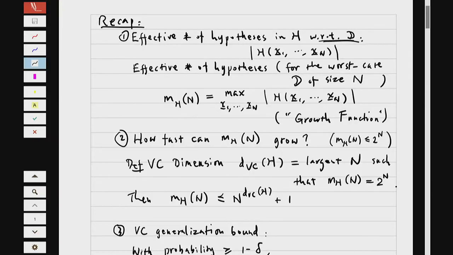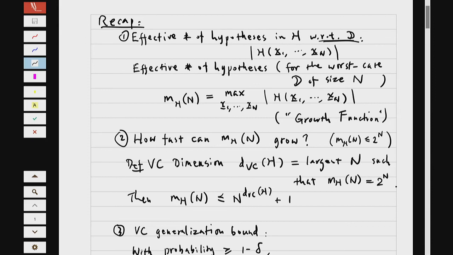But we don't like the first definition because it depends on the location of those data points, D. So let's consider the worst case: the maximum of the number of binary vectors over all possible choices of these data points. We cannot control what kind of training data points we get, so we have to pick the worst case, the maximum.